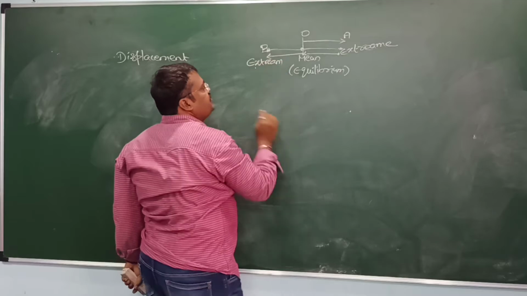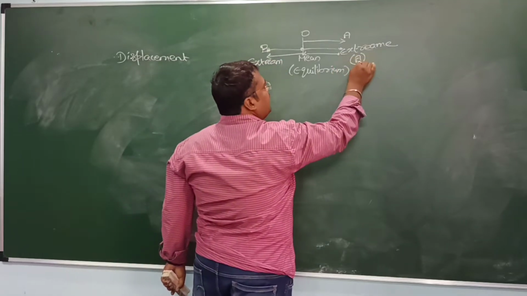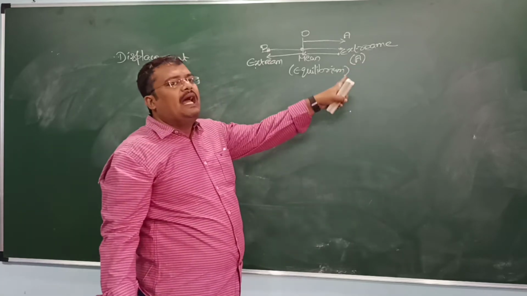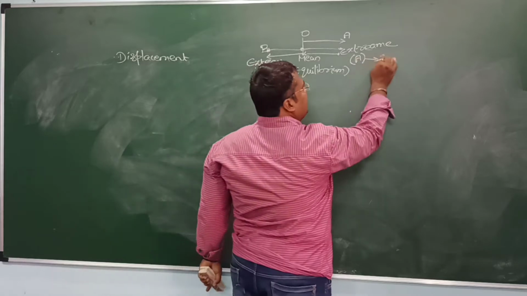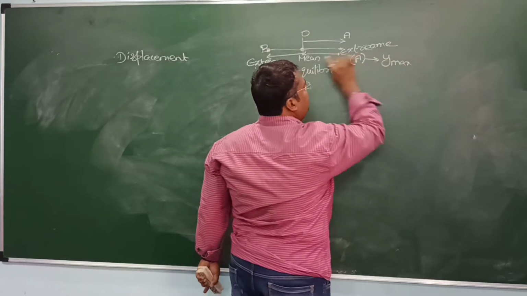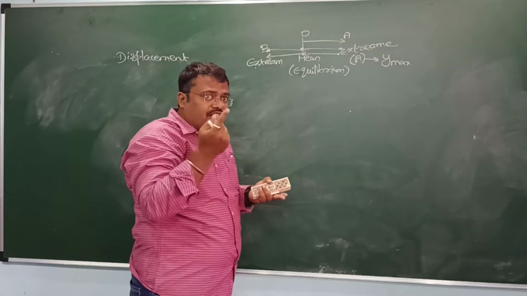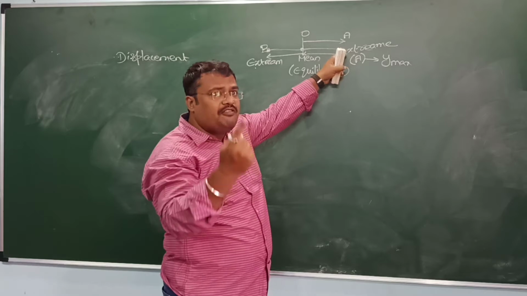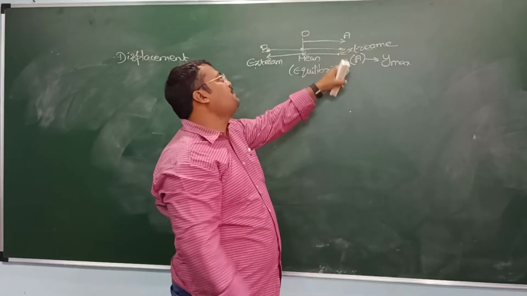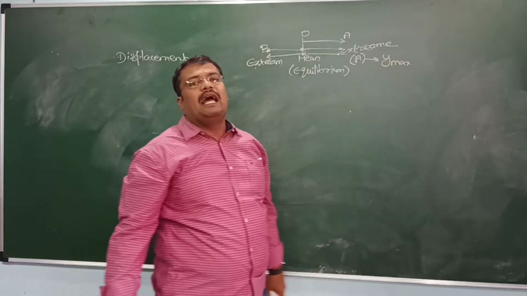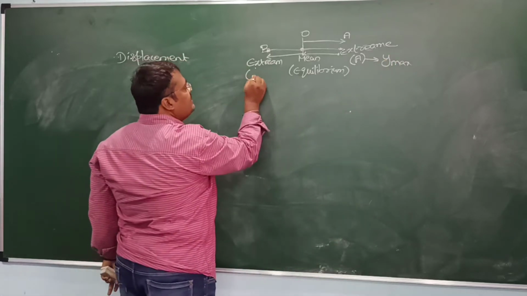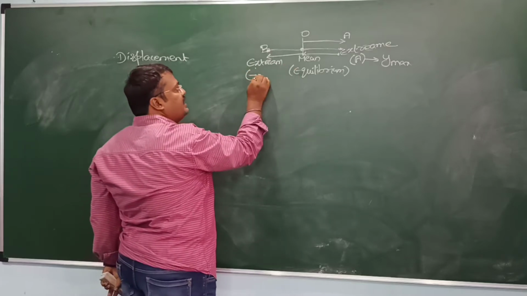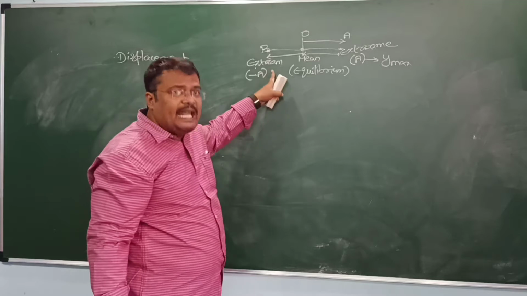One extreme position we take as A, because here A is nothing but the amplitude of a particle. Amplitude is the maximum displacement of a particle. When the particle reaches from the mean position to the maximum displacement, that maximum displacement point is the amplitude, and on the other side it is another maximum displacement, another extreme position.